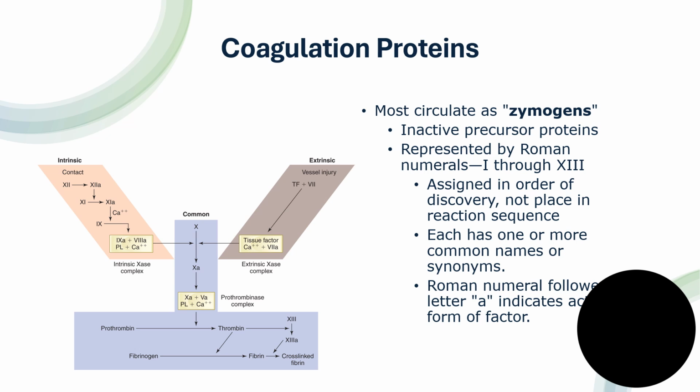Then coming back together on the common pathway, factors 10, 5, 2, 1, and 13 as a fibrin stabilizing factor. And then we have some regulatory proteins that help prevent these things from occurring in other places besides vessel injury and to prevent excessive clotting. And those proteins are protein C, S, antithrombin, and plasminogen.